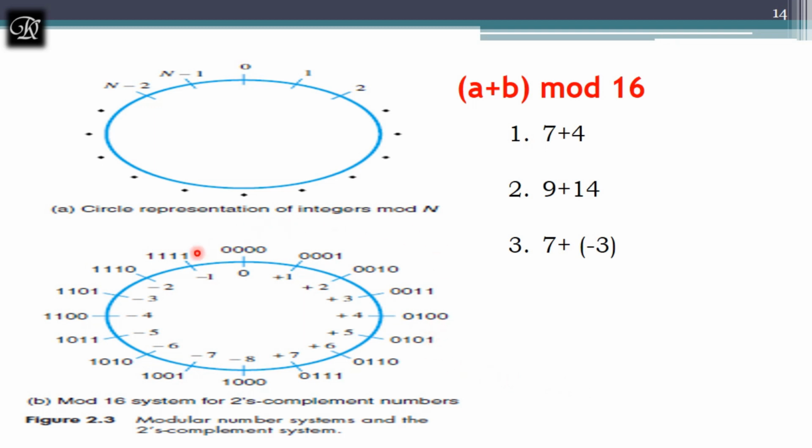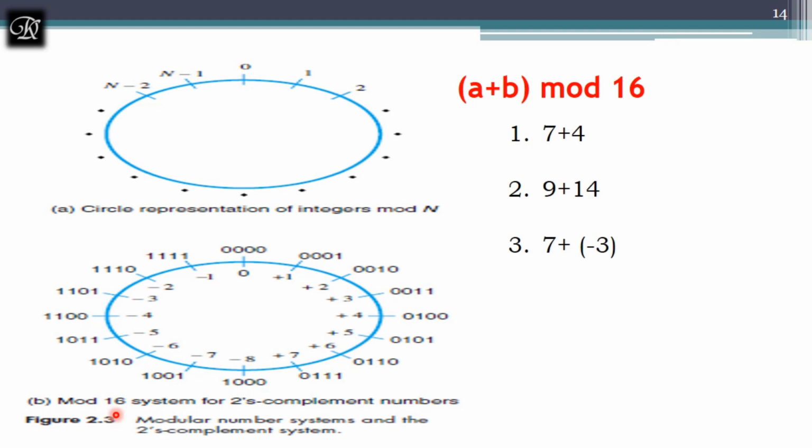Based on the rule they have given, we have constructed a circle representation of the integer mod system under 16. I am discussing the mod system under 16. This is the general one. As they have told, you can go up to n minus 1. So here we are having 16, and to represent 16, how many bits do I want? I want 5 bits.